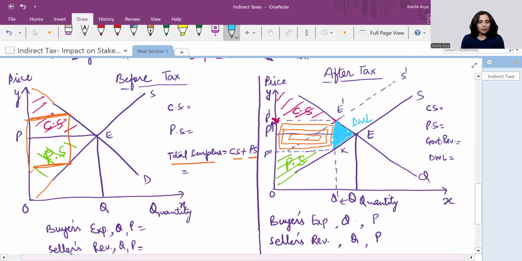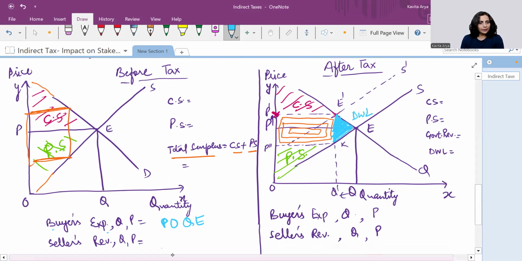So if we talk about buyer's expenditure here, what's going to be the buyer's expenditure? Here the buyer's expenditure is C, P, O, Q, and E, the whole structure, right? This box. What is the seller's revenue?